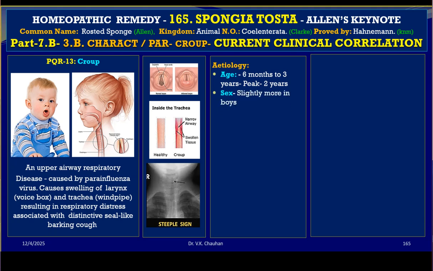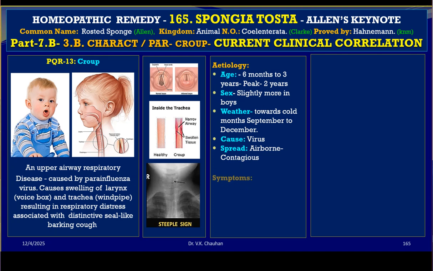Sex: males suffer slightly more. The weather acts as a predisposing factor, towards the cold months of September to December. The cause, as you know, is a parainfluenza virus, and spread is by airborne infection, which is very contagious in nature.